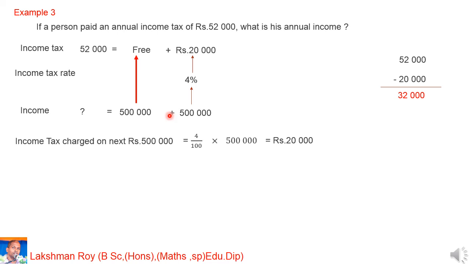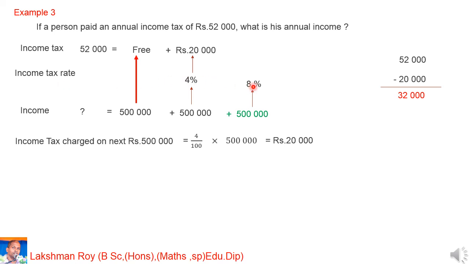Now I suppose his income, let's see, another 500,000 rupees, right? So if he earns this third 500,000 rupees, he should pay income tax rate 8%.